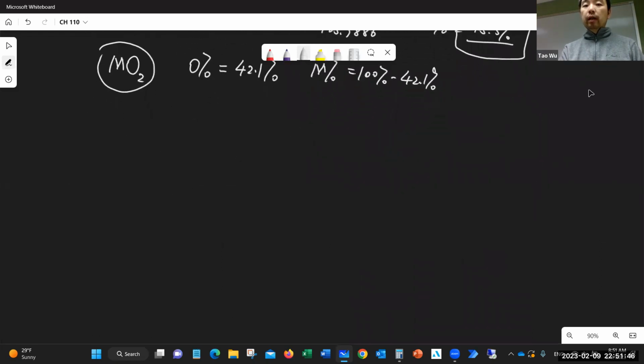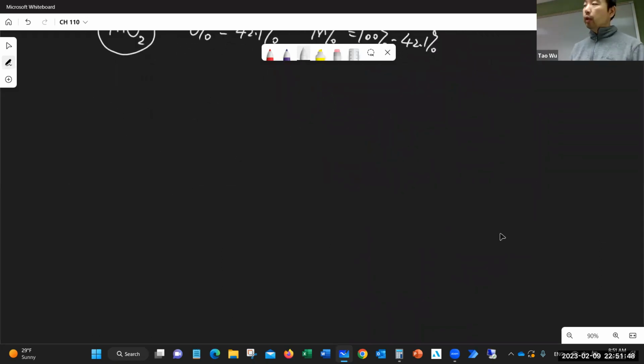Well, this one is pretty straightforward, and we already did that in our experiment. So today we continue to do the percent composition lab, so we will refresh your memory on this topic. The next part we are going to talk about is that sometimes we can base on the percent composition to figure out the empirical formula.